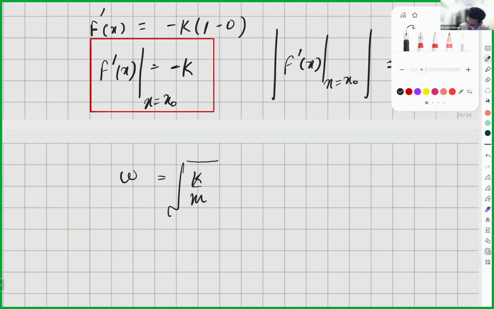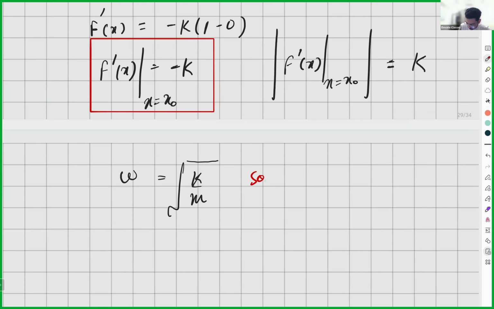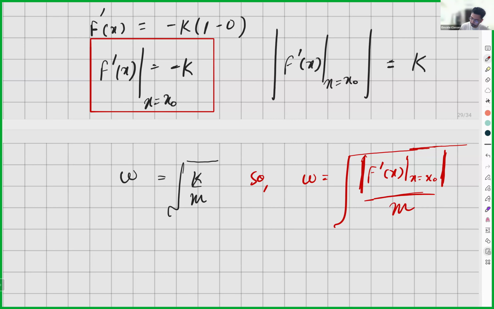So omega is under root of the modulus of f dash at x equal to x naught, so you make it positive, divided by m.